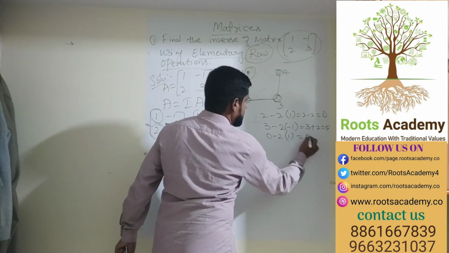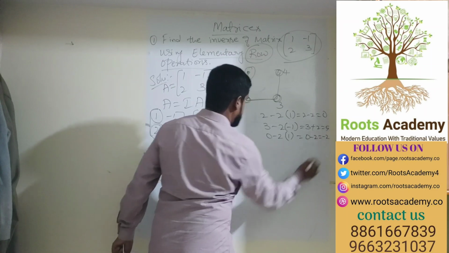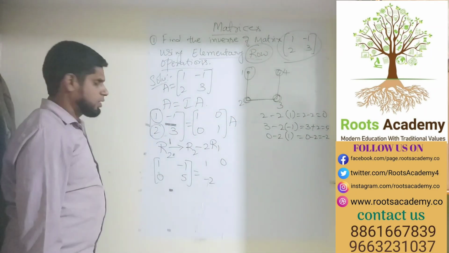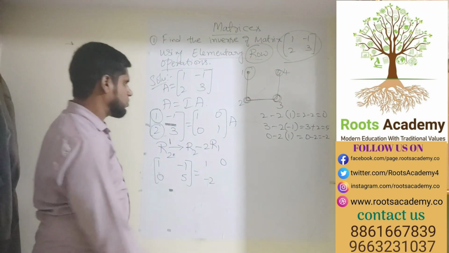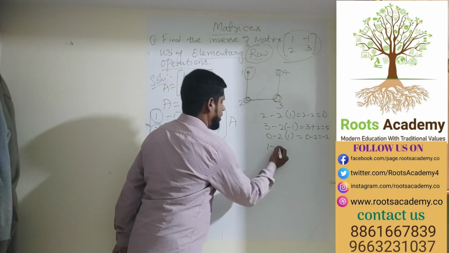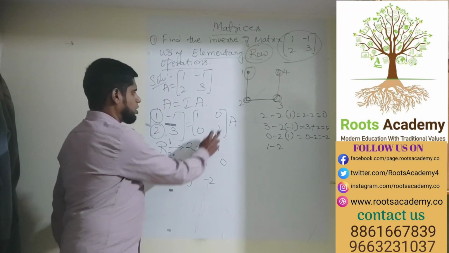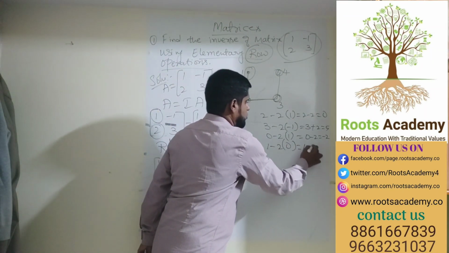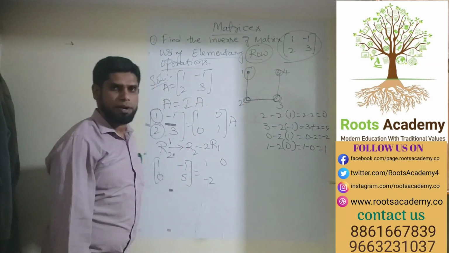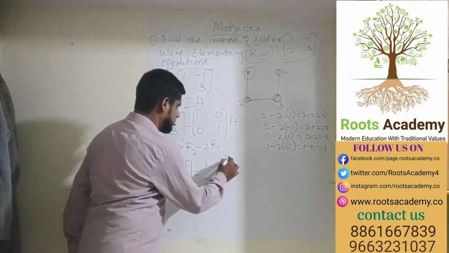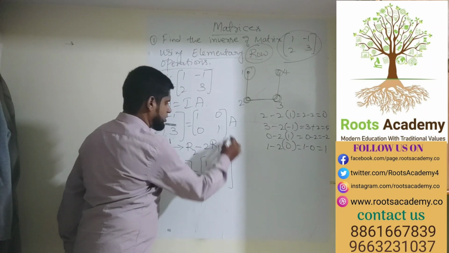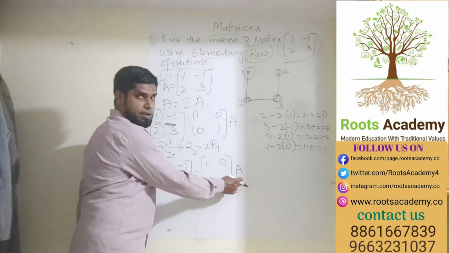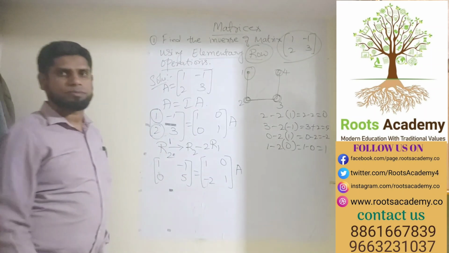So finally 0 minus 2, it's minus 2. Next student, R2 is 1 minus 2, corresponding to this R1 is 0. So 1 minus 0, it is 1. This A we should keep as it is. We should not forget to write A. We should keep writing this.